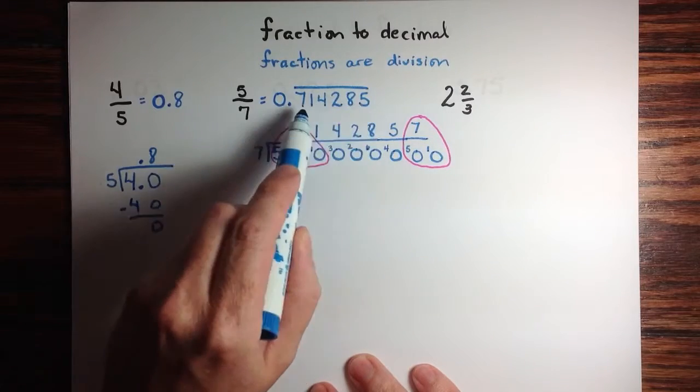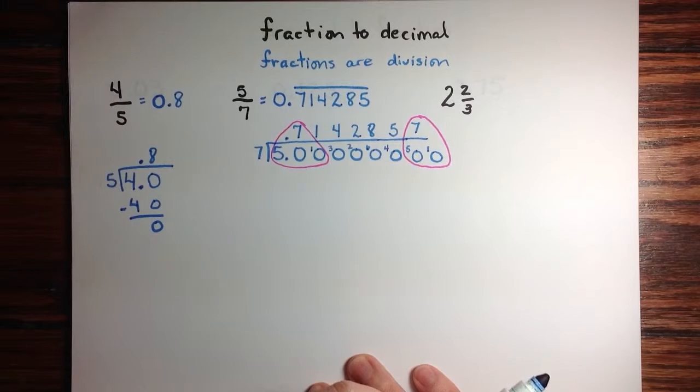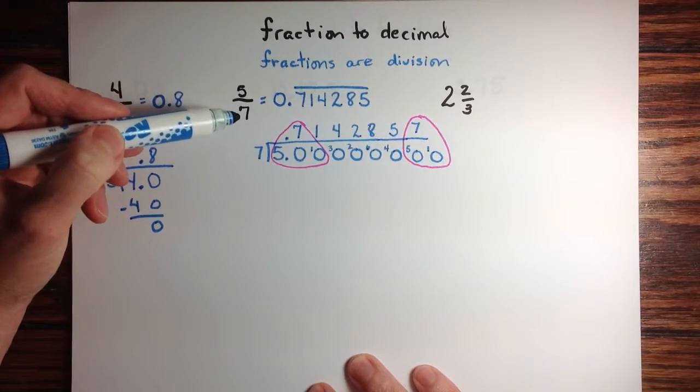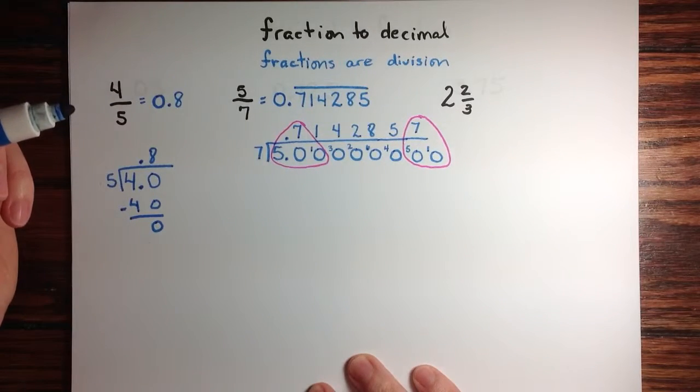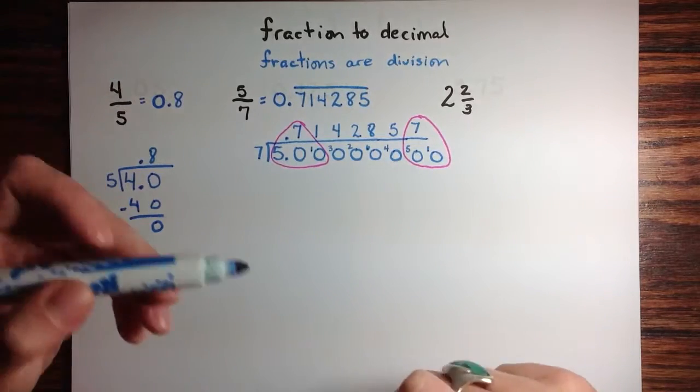And then that same sequence of 6 numbers repeats indefinitely. So the decimal version of 5/7 is going to be the repeating decimal of 714,285 millionths. How's that for a mouthful?